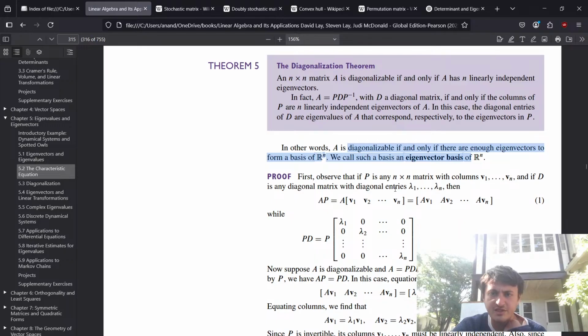First, observe that if P is any n by n matrix with columns v1 to vn, and D is any diagonal matrix with diagonal entries lambda 1 to lambda n, then A times P is equal to the n matrix-vector products of A with the columns of P, okay?